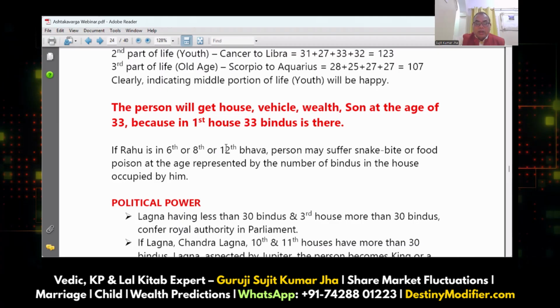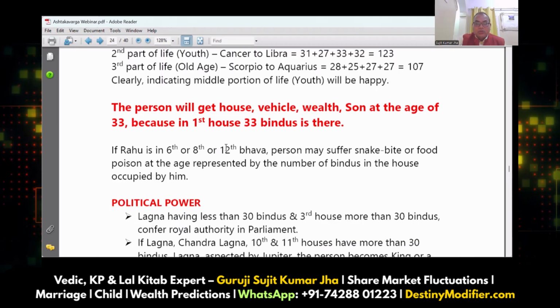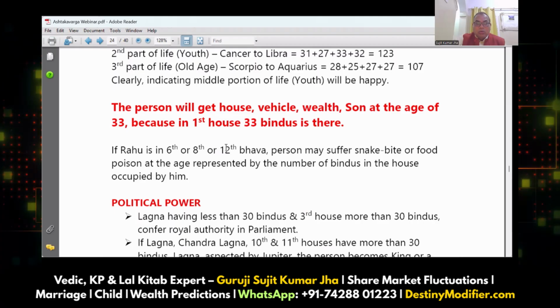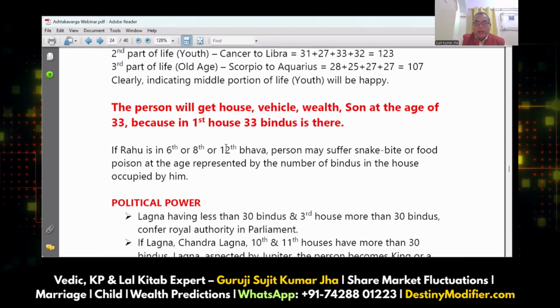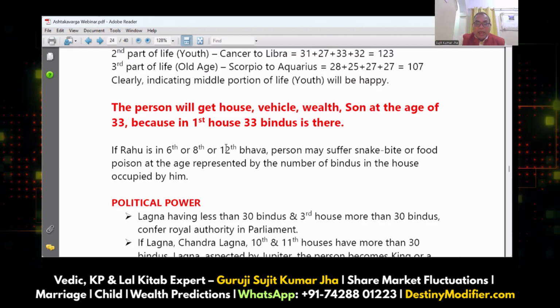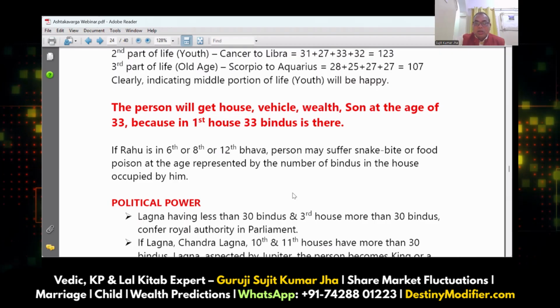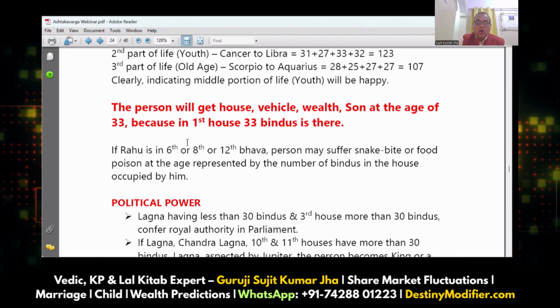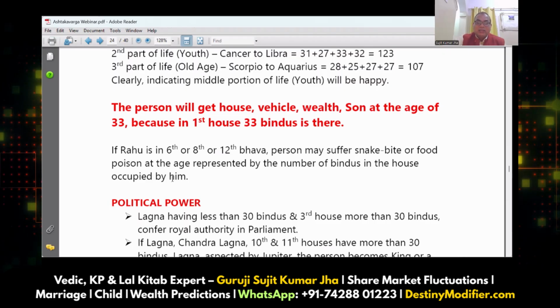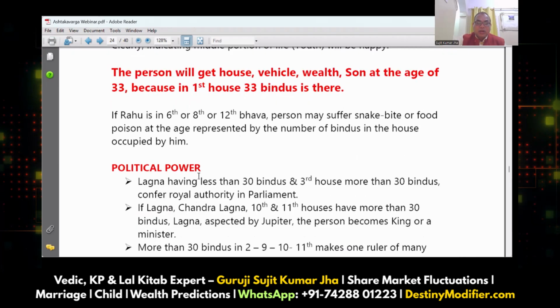Then we can predict that the person can suffer a snake bite or food poison at the age equal to the number of bindu in that house. Suppose the sixth house, how many bindu? That is the age he can suffer.